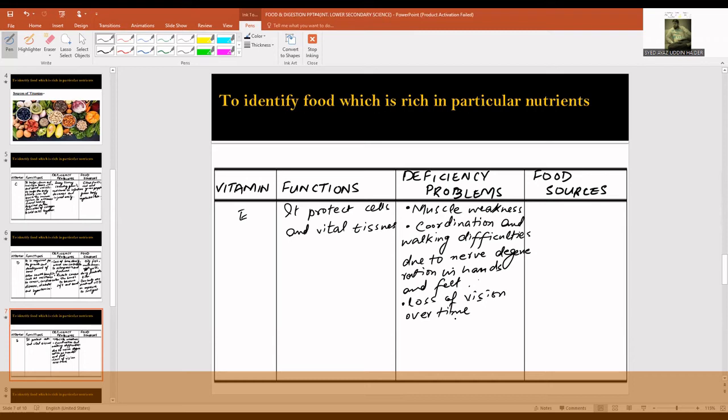You can even say vision deterioration because vitamin E deficiency can weaken light receptors in the retina and other cells in the eye. Some research suggests that a lack of vitamin E can inhibit the immune cells.